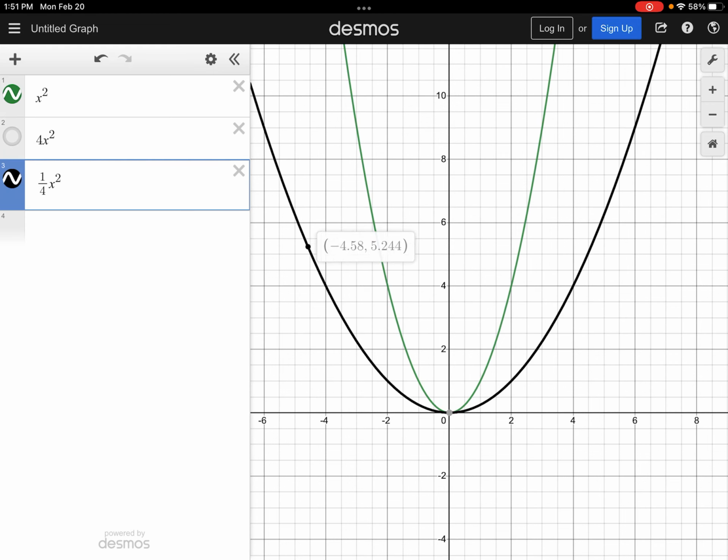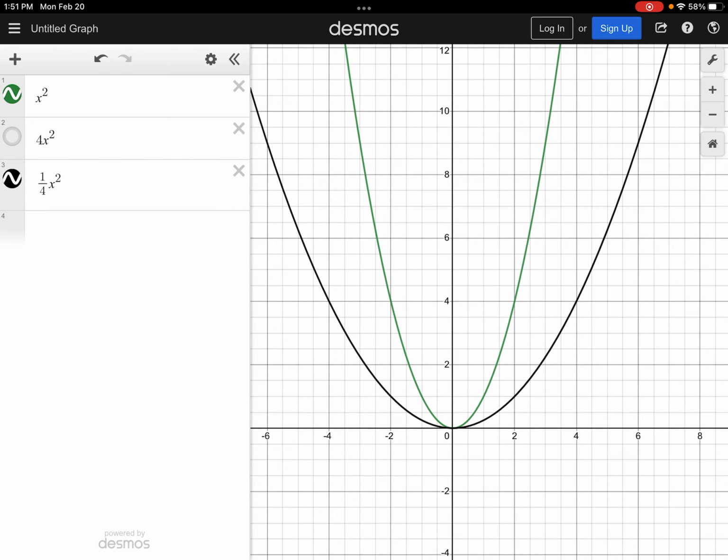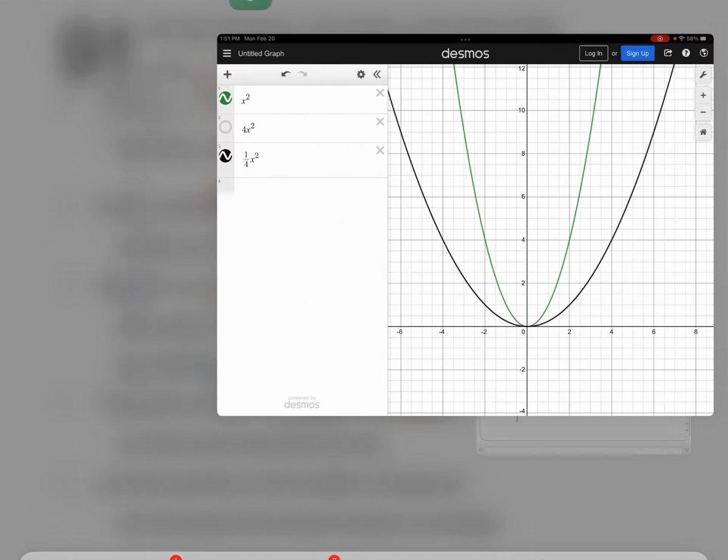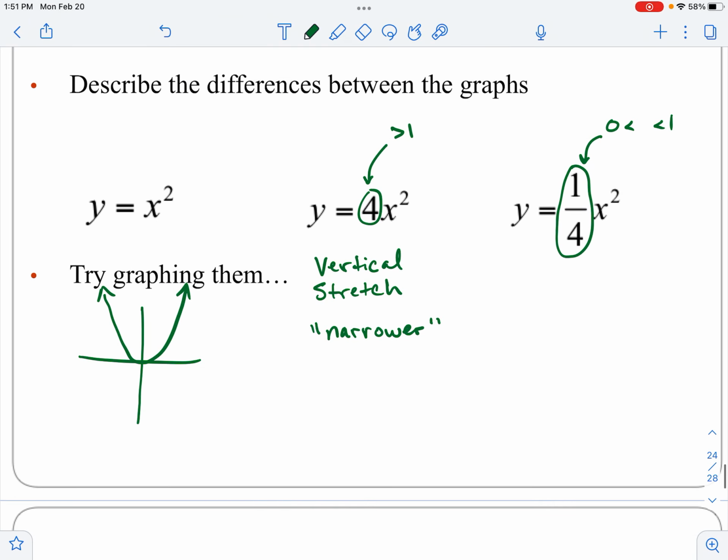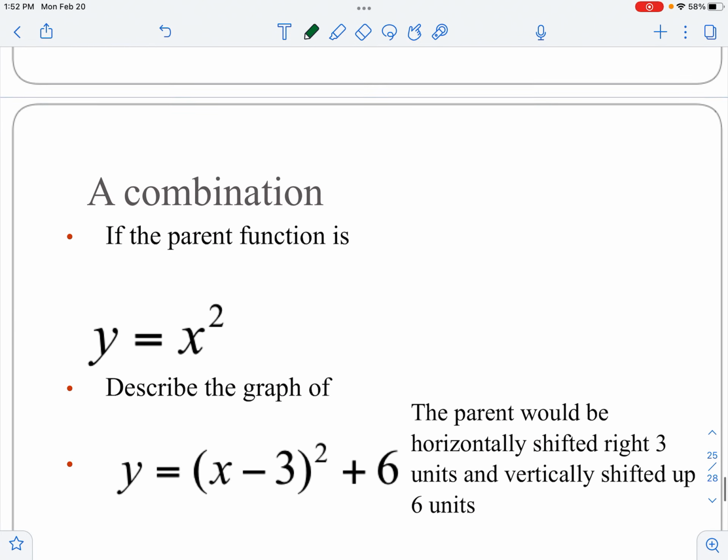So this is a compression of the graph, compressed vertically. It makes everything wider. It's a horizontal stretch. It makes everything wider compared to this green graph for y equals x squared. So the fraction is going to make my graph wider. The whole number makes the graph narrower. The fraction is going to make our graph wider.